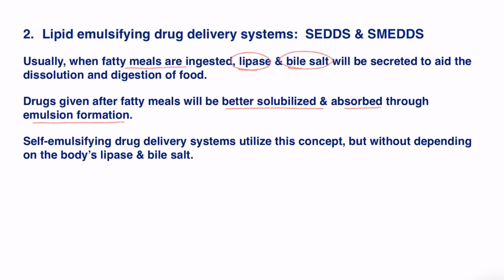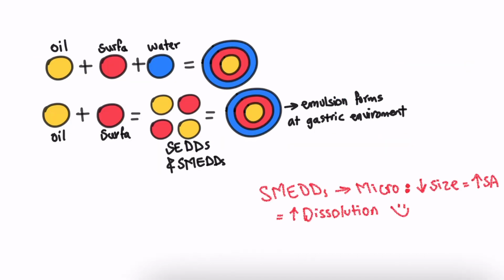Self-emulsifying drug delivery systems utilize this concept, but without the need for the body's lipase and bile salt, and we will see how. Consider this drawing here, where the yellow circle is the oil, or in our case the poorly water-soluble drug. The red circle is the surfactant, which represents the bile salt in our body, and the blue one is the water.